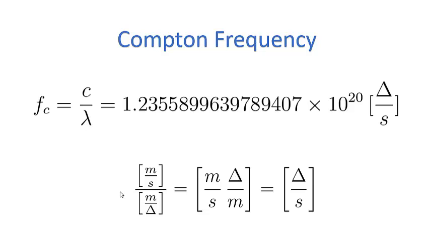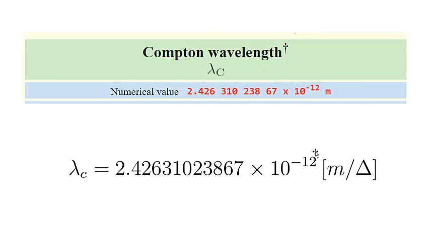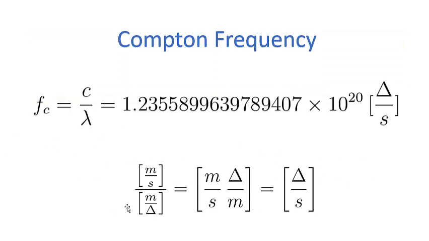So here we are going to work out the units of this equation. The units of the speed of light are meters per second. The units of the wavelength is meters per cycle, which is equal to meters per second times cycles per meter. And of course the meters cancel and you get cycles per second. So this works out quite nicely.